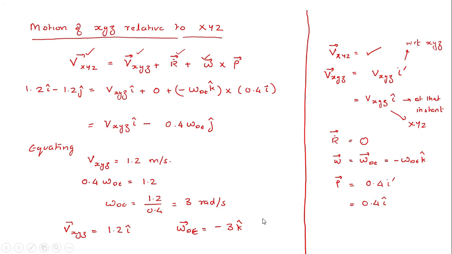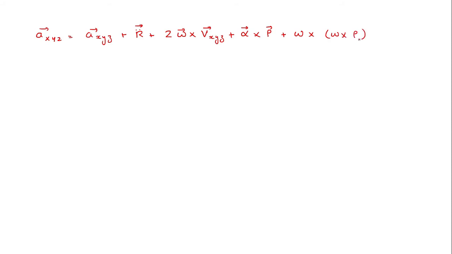Similarly, you can find the acceleration also. The equation of acceleration: a capital xyz is equal to a small xyz plus r double dot plus 2 into omega cross v small xyz plus alpha cross rho vector plus omega cross omega cross rho vector.